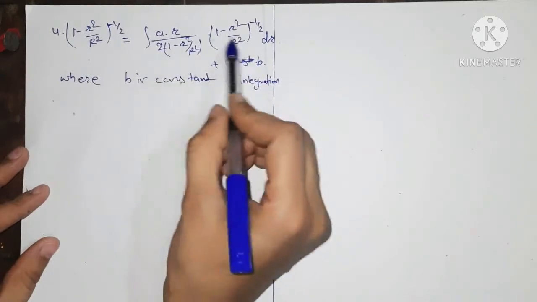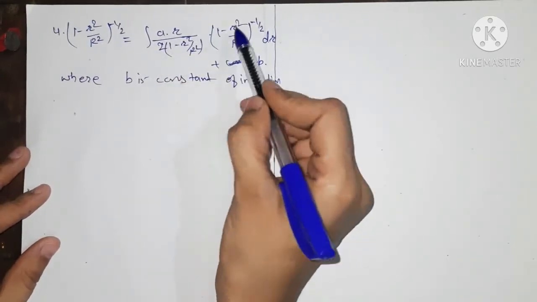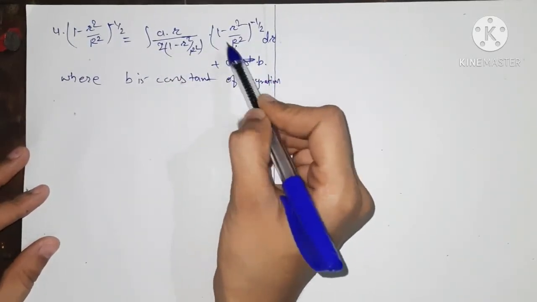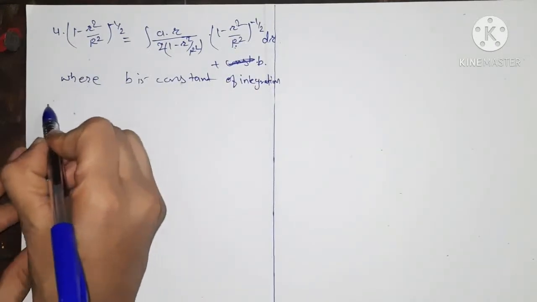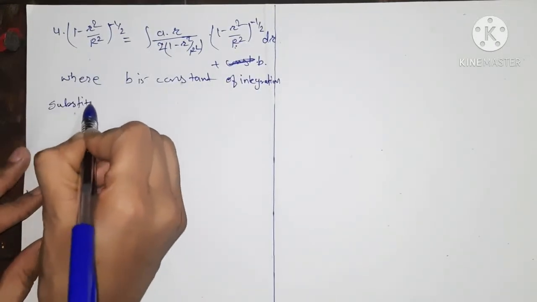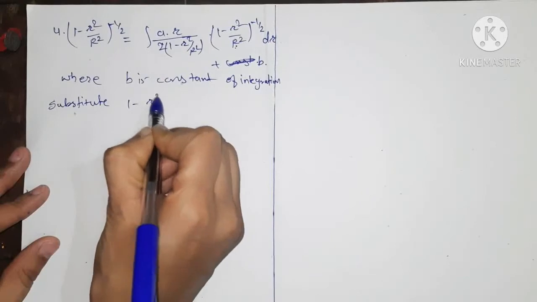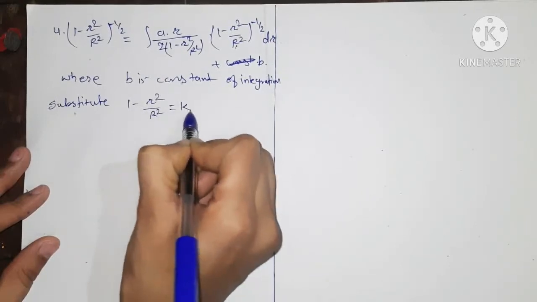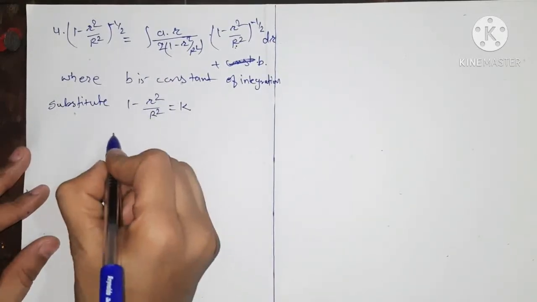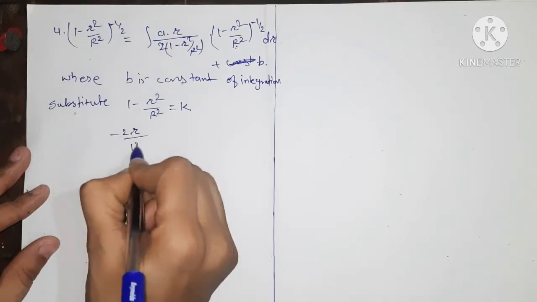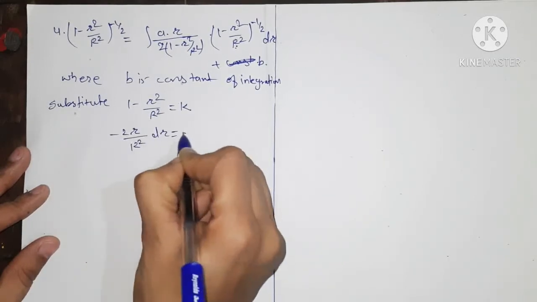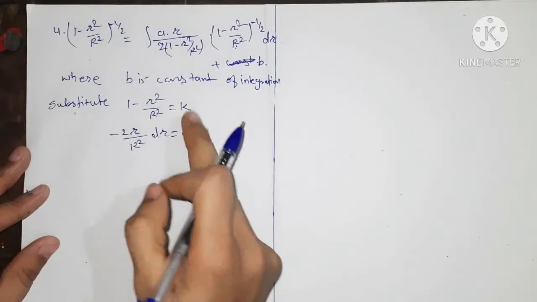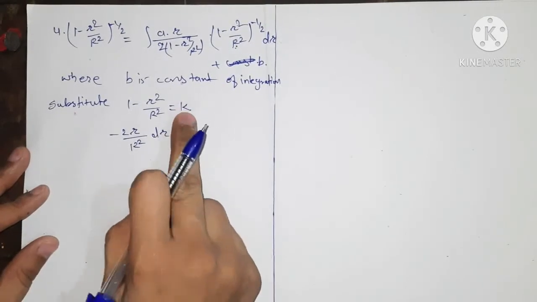Now we can solve this integral by substituting 1 minus r square upon capital R square equals k. Differentiating this, we get minus twice r upon R square into dr equals dk. We are taking this k as some variable.